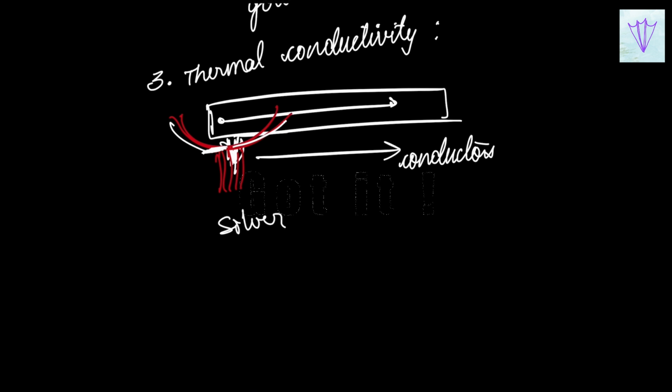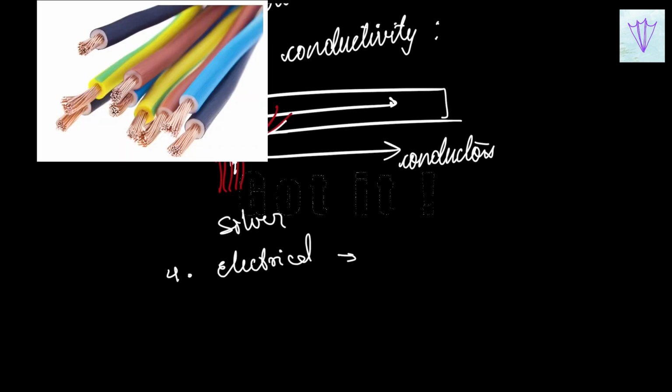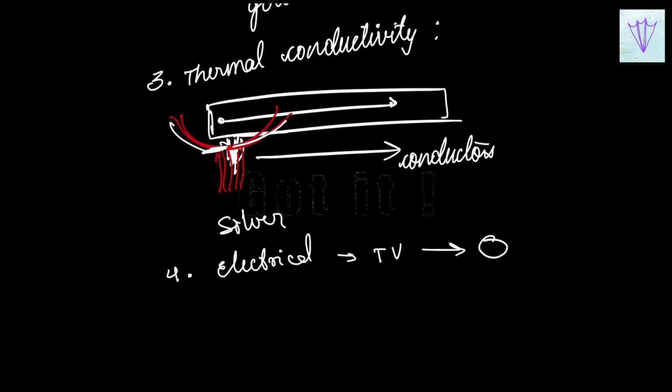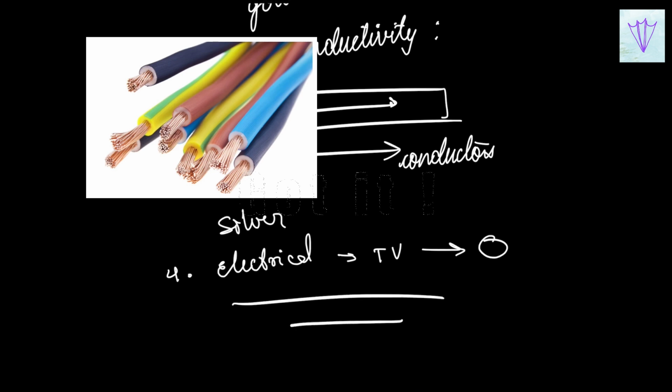The next physical property is electrical conductivity. Have you ever noticed that to switch on the TV, we have to connect the wires of the TV to the plug point, and then the TV starts working? It is just because of the thin metal wire inside the cable which transfers the electricity that makes the TV work.